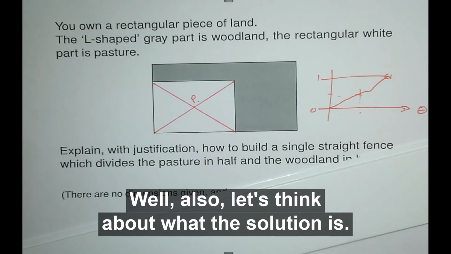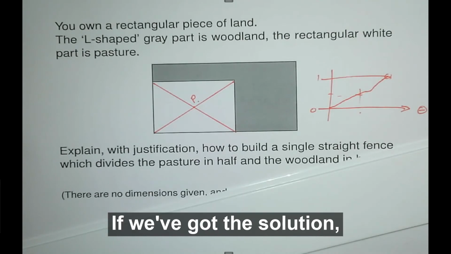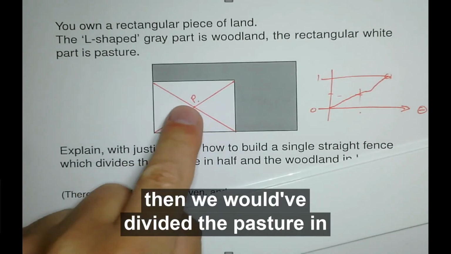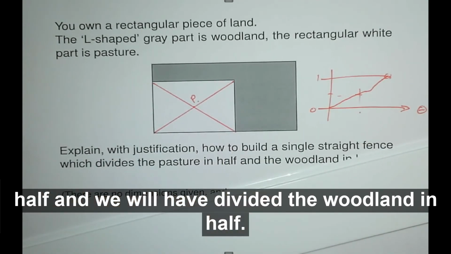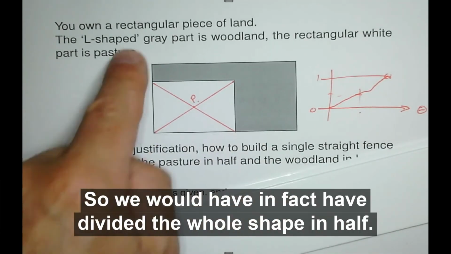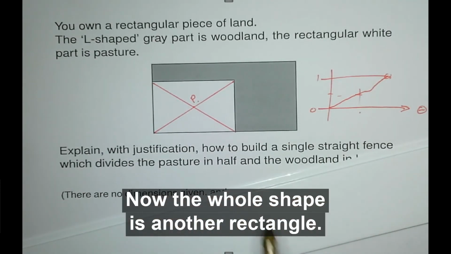Well, let's think about what the solution is. If we've got the solution, then we will have divided the pasture in half, and we will have divided the woodland in half. So we will in fact have divided the whole shape in half. Now the whole shape is another rectangle.